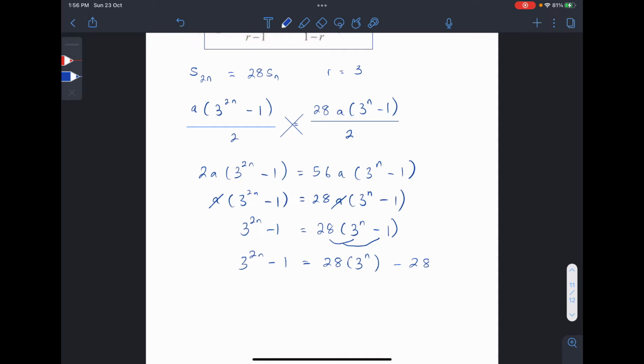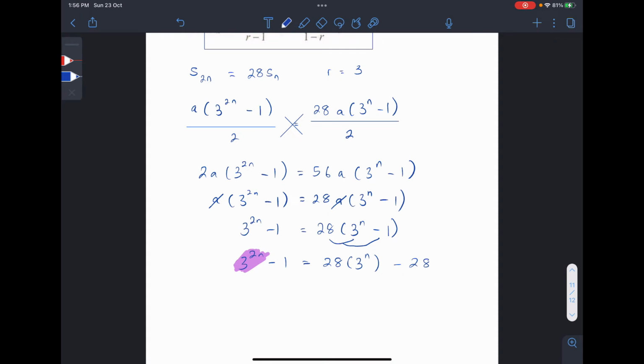Now that we have this, the 3^2n at the left side, right here, we can actually break this apart. I kind of want to split up the n and the 2 from each other.